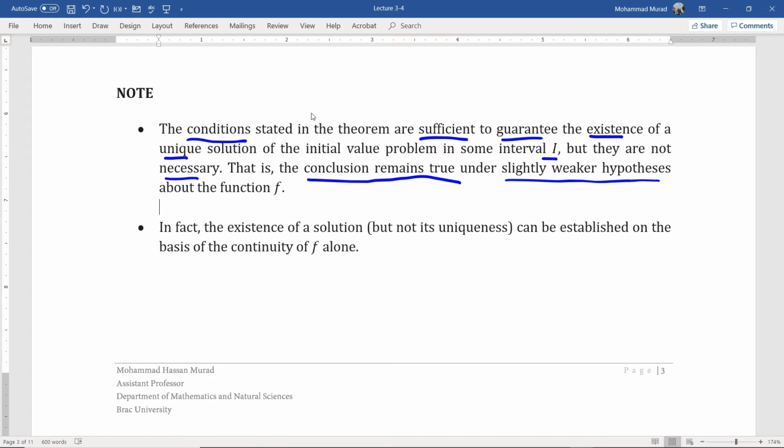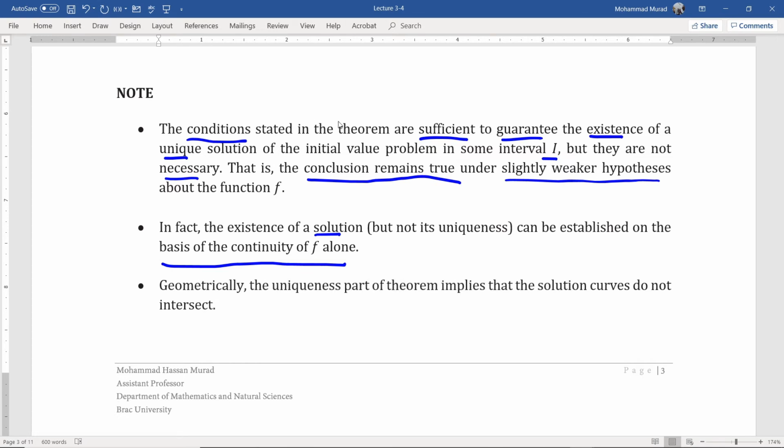In fact, the existence of a solution can be established on the basis of continuity of the function f alone. However, its uniqueness is not clear. Geometrically, the uniqueness part of the theorem implies that the solution curves do not intersect. So if the solution exists and it's unique, there is only one solution passing through each given point.